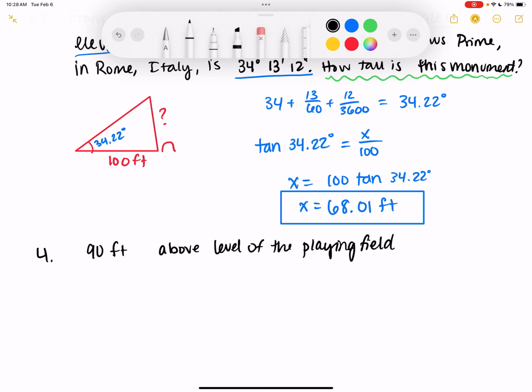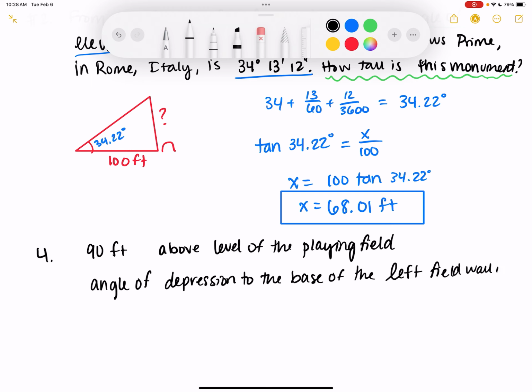The angle of depression to the base of the left field wall is 14 degrees. How far is the base of the left field wall from the point of the level ground directly on the top?